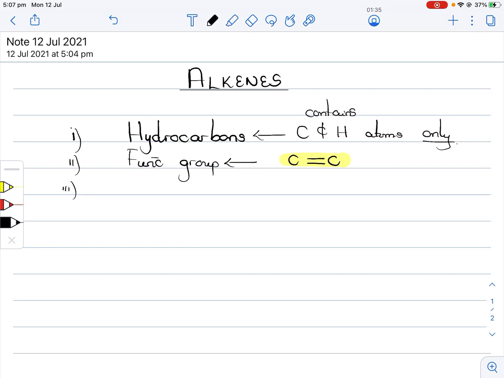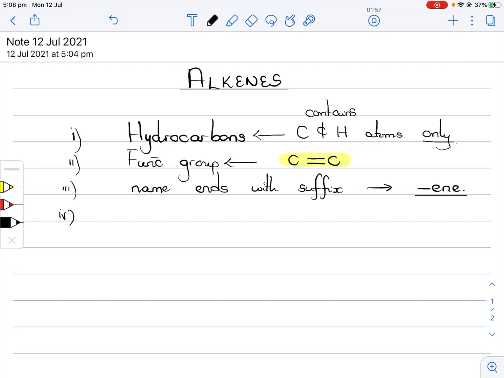Number 3, all alkenes, their name ends with the suffix ene. So all alkenes end with the suffix ene.